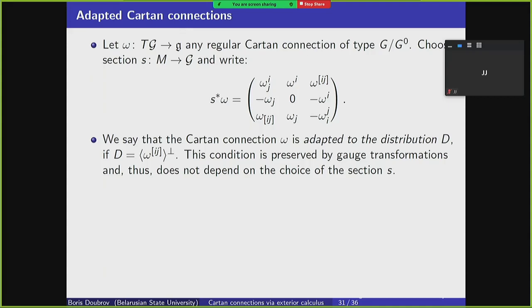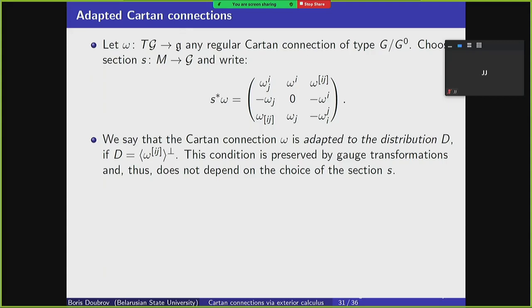It's easy to see that these forms omega ij that sit in the top right corner are transformed linearly under gauge transformations. So the span of these forms does not depend on the choice of the gauge transformations.